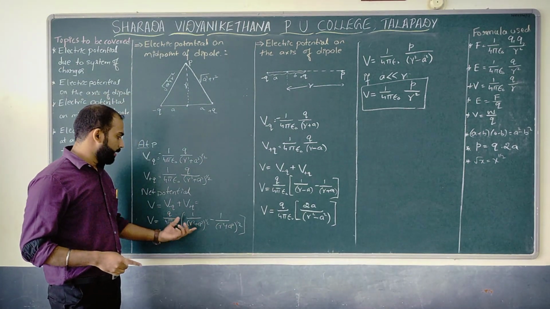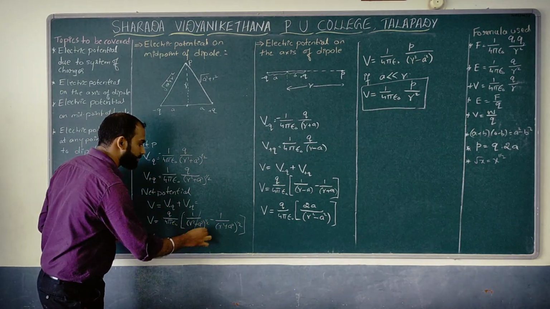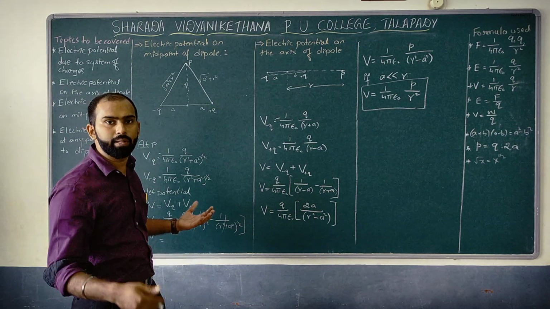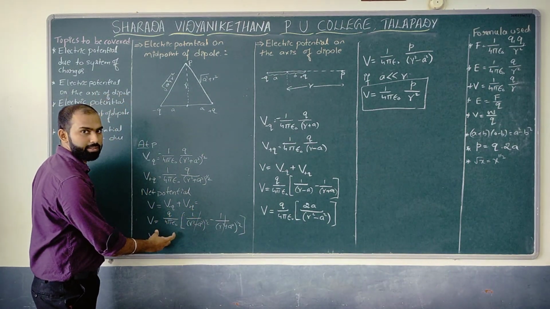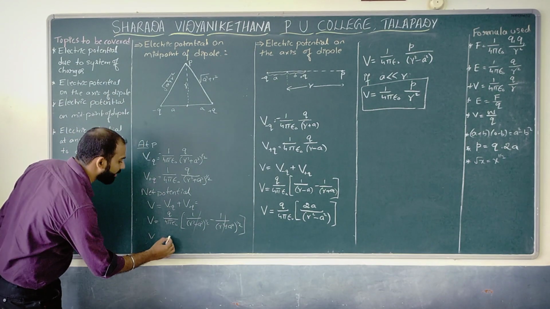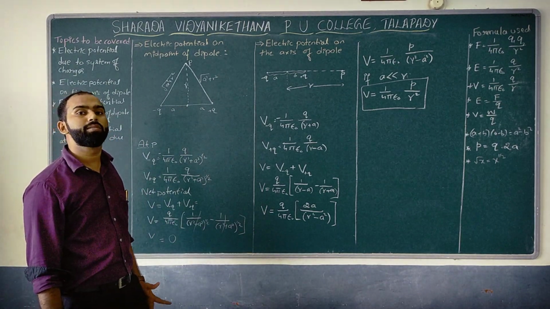Similarly, with equal and opposite terms, can I cancel them? What is going to be obtained? 0, and 0 into anything is 0. So what is the final result? The potential is absolutely 0.